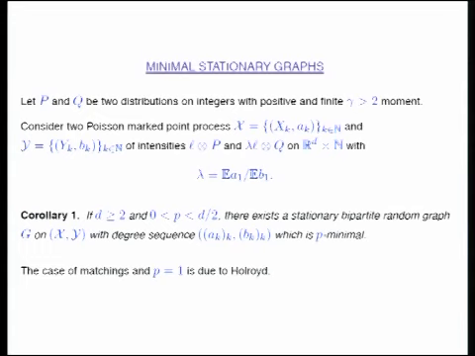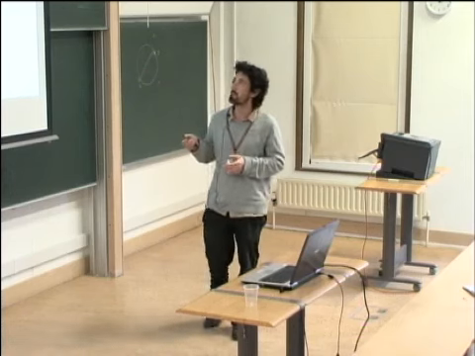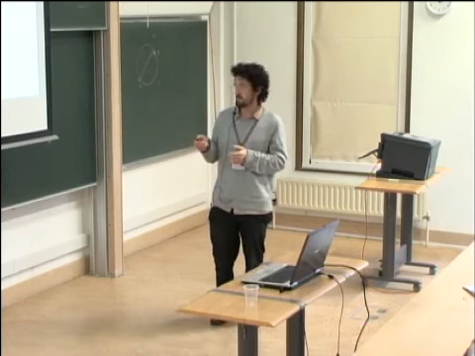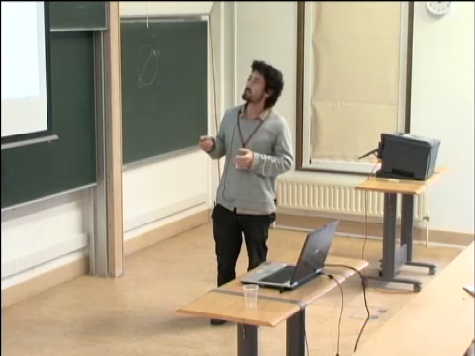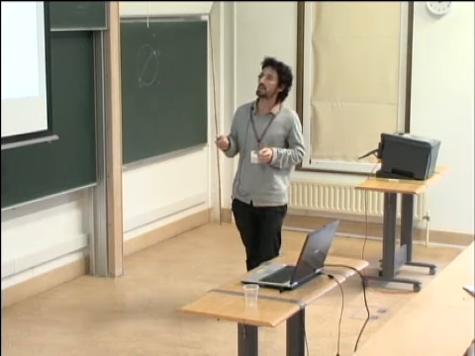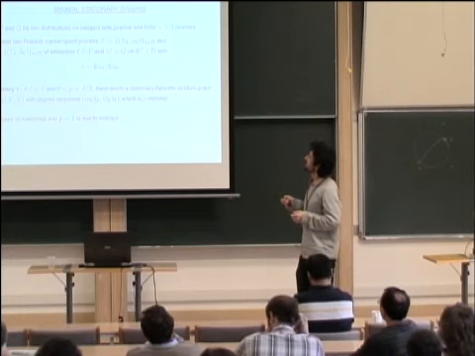As a consequence of our result, by a standard result for the stationary case of Poisson processes, there is a limiting argument which is due to Holroyd and Perez, which is quite simple but quite smart, which allows us to say the following.